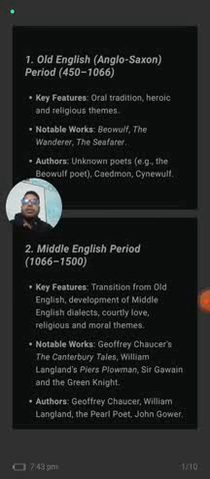All the literature, plays, and texts seen there were based on heroic and religious themes. All the tales were in heroic or religious themes. Notable works of the Old English period are Beowulf, the Wanderer, and the Seafarer.